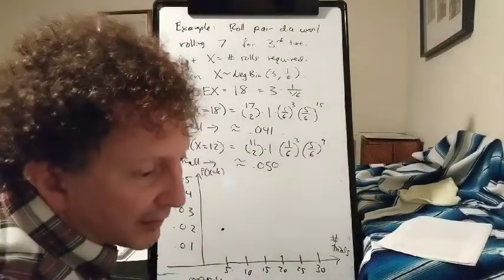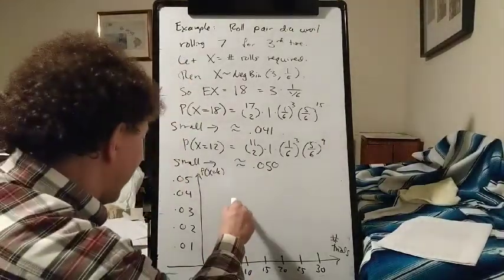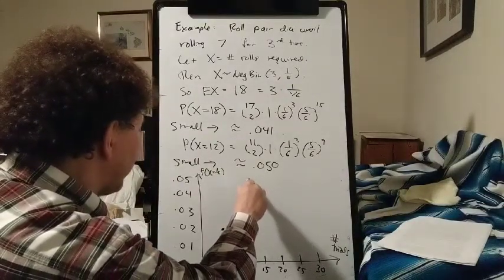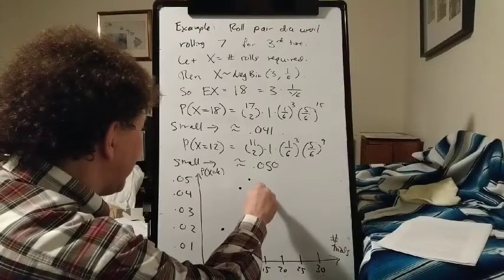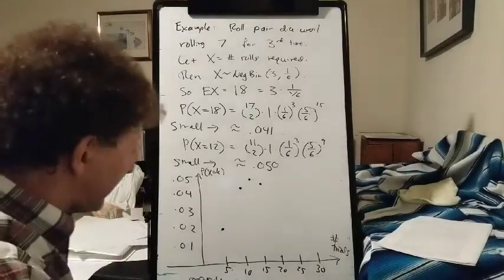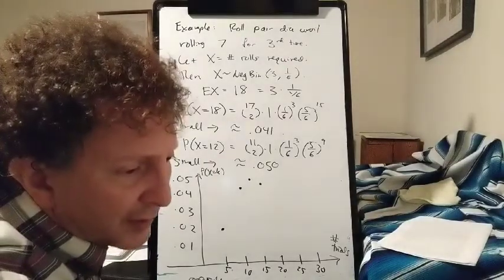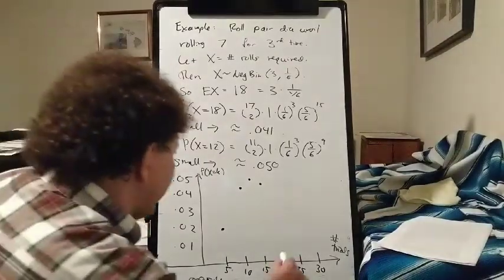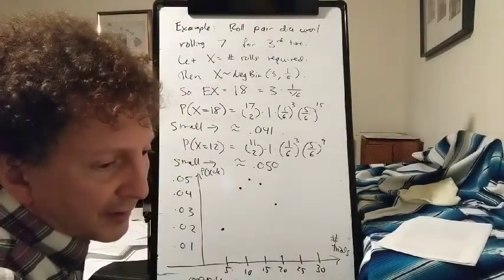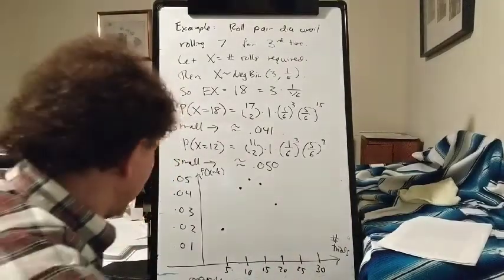For 10, it's about 0.045. For 12, we said it goes up to 0.05. For 15, it's 0.048. For 20, it is 0.035, roughly. For 25, it is roughly 0.022.